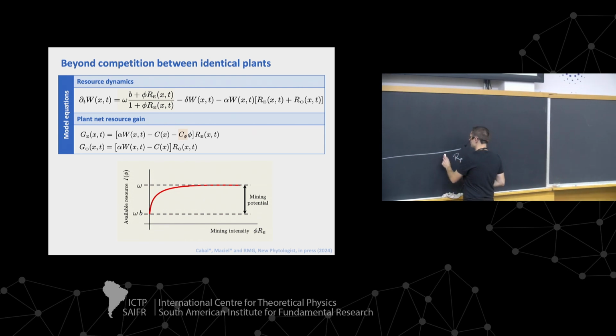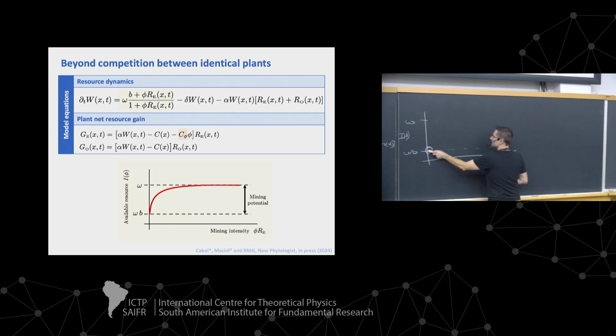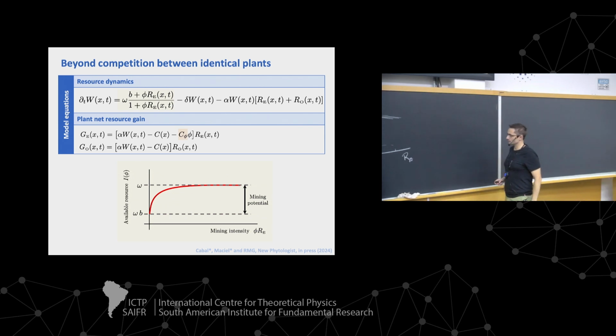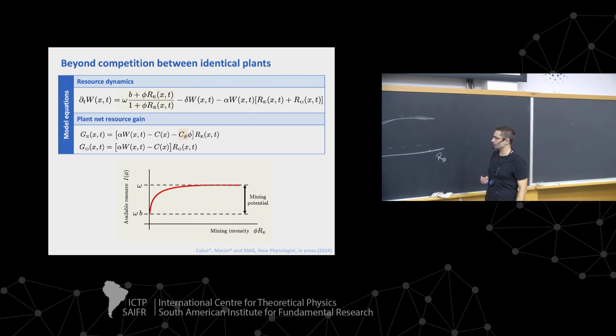And then what I'm saying is that as the engineering plant arrives to the ecosystem, then the amount of available resources starts increasing until it saturates at a maximum value. So I want to stop a little bit with this function because it contains most of the information that I'm going to be interested in when I want to look at this strategy.